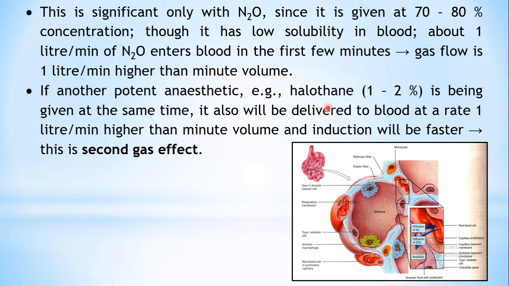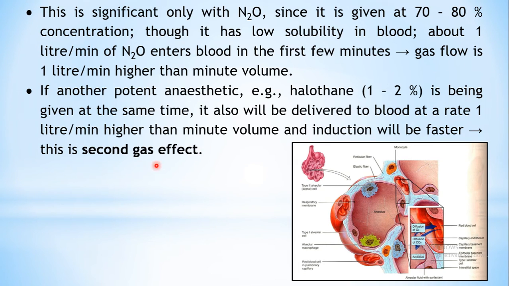So along with nitrous oxide, halothane is also entering your blood circulation at the same rate. So nitrous oxide is increasing the rate of entry of another potent general anesthetic into your blood circulation at a very fast rate, and this phenomenon is known as the second gas effect.